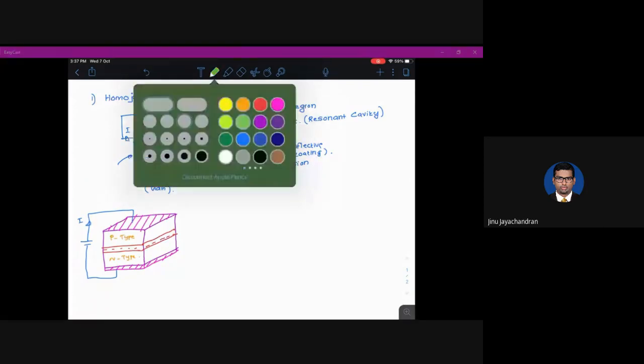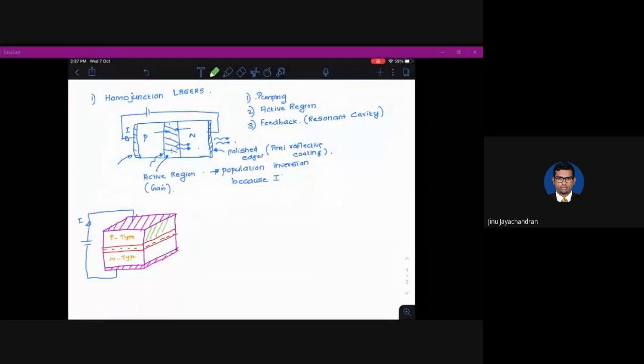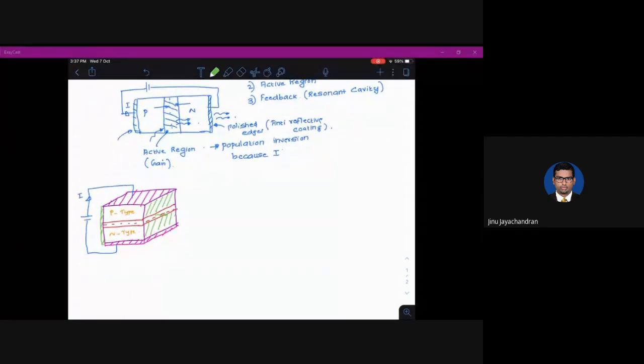This side will be highly polished, so that whatever laser comes from the active region gets reflected back into the bulk of the material, and the lasing action keeps continuing. This is a typical semiconductor laser.